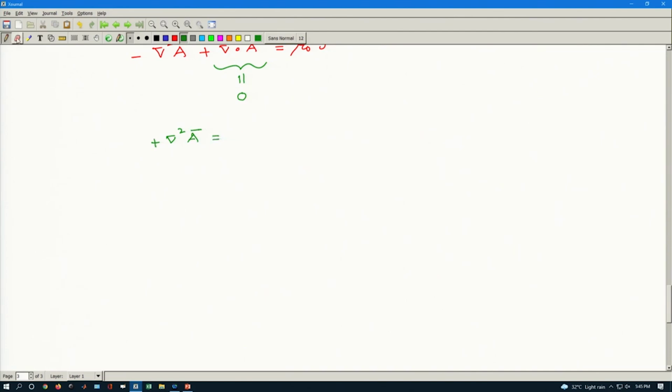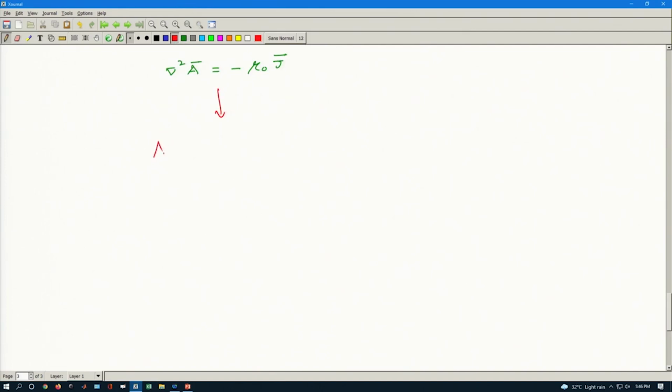So, let us put this, and it is minus of mu 0 J, and the solution for this Poisson equation we wrote in this way.